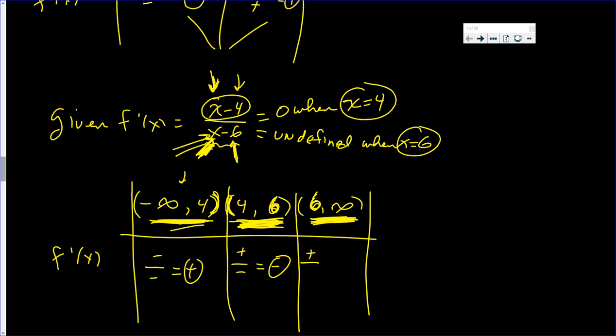If you have more than $6 and you take out 6, you'll have something left. The function f of x is increasing here and here, and it's decreasing here. So it's increasing on negative infinity to 4, and it's increasing on 6 to infinity, and it's decreasing in the middle.